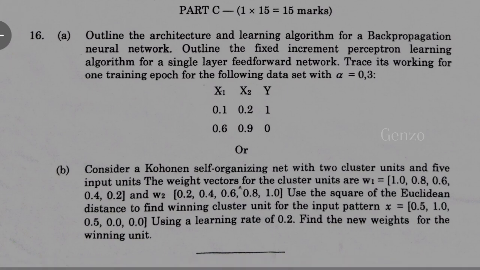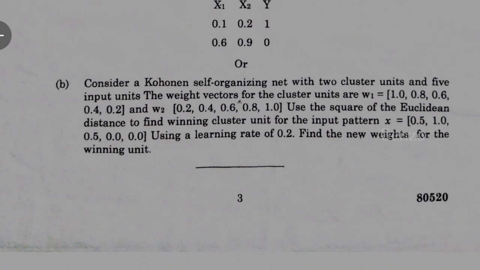Or 16b. Consider a Kohonen self-organizing net with 2 cluster units and 5 input units. The weight vectors for the cluster units are w1 equal to 1.0, 0.8, 0.6, 0.4, 0.2 and w2 equal to 0.2, 0.4, 0.6, 0.8, 1.0.